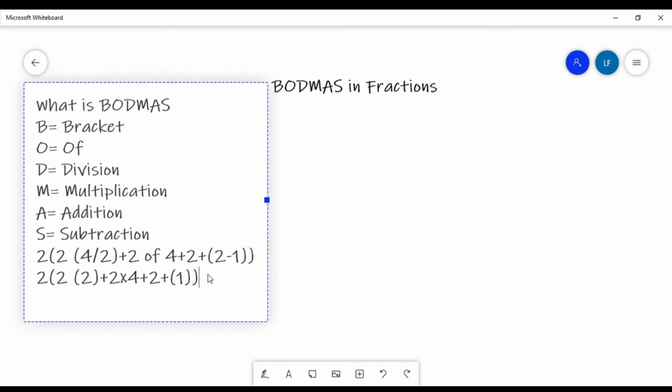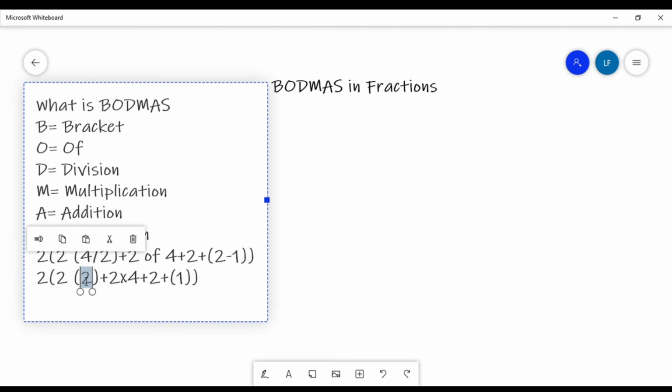As I was saying, brackets also count as multiplication. For example, if there is a number here and there is another number within a bracket, we can multiply this number and this number.